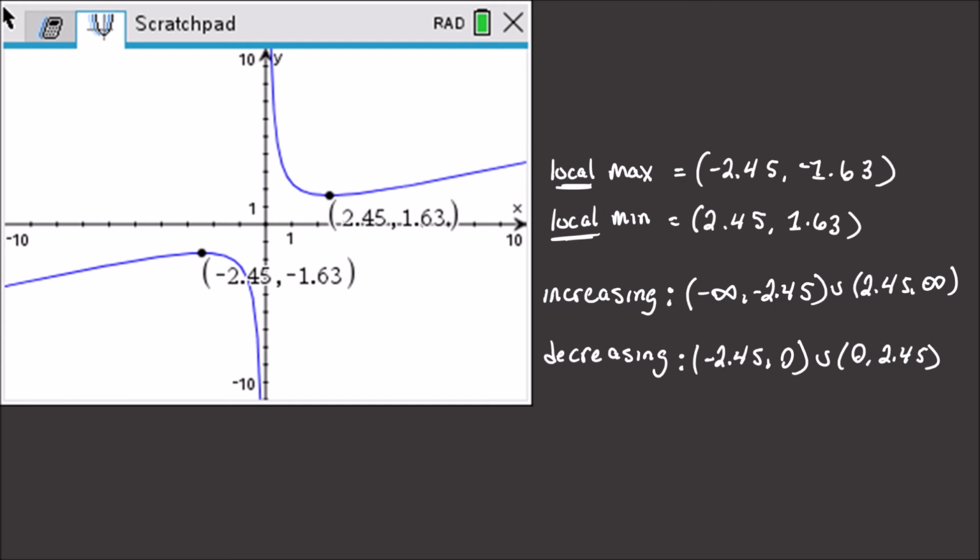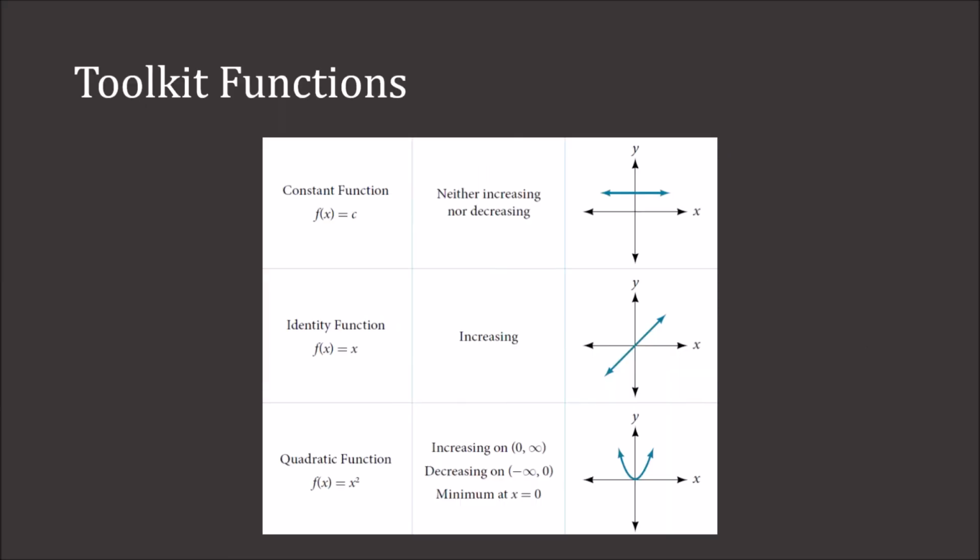Let's now turn our attention back to the toolkit functions. Now we're going to look at the toolkit functions in the eyes of these terms that we just learned. So the constant function is neither decreasing nor is it increasing.